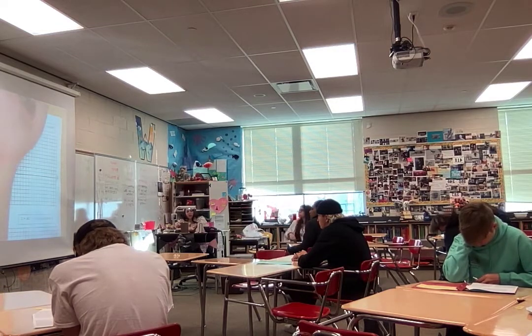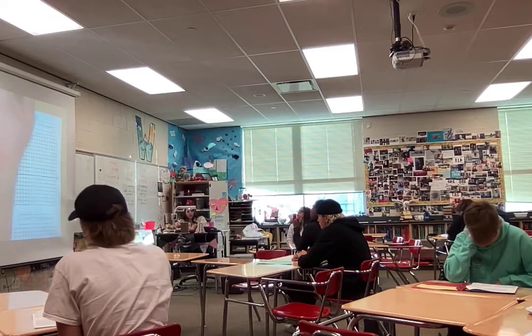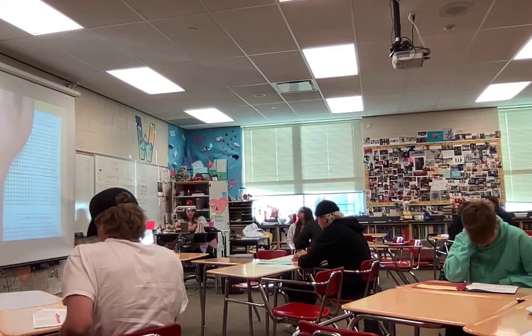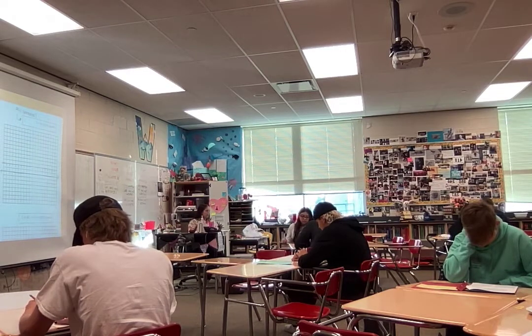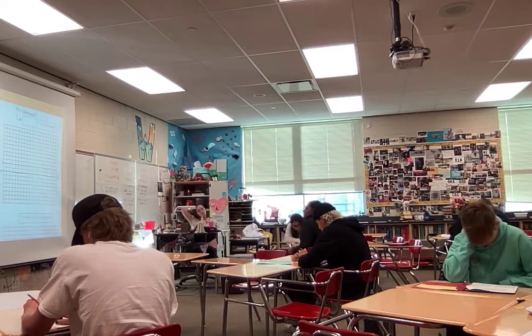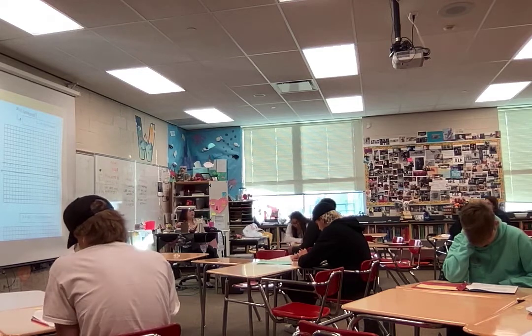So this is a horizontal line. When it's f of x equals a number with no variable, it is a horizontal line. Any questions on that?